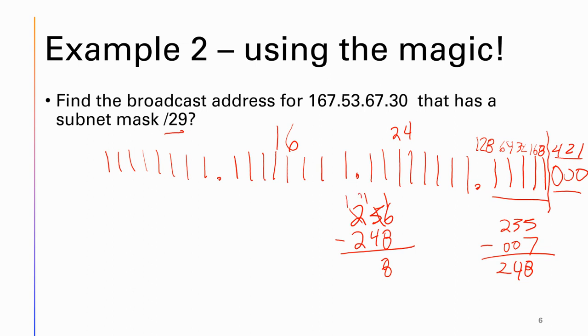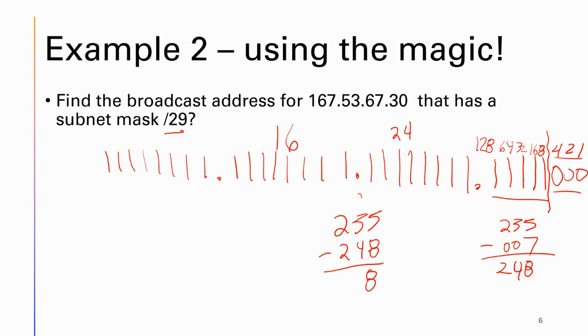Doesn't seem right. 256 minus 248. Yeah, 8. Okay, so that's just 8. 256 minus 248 is 8.